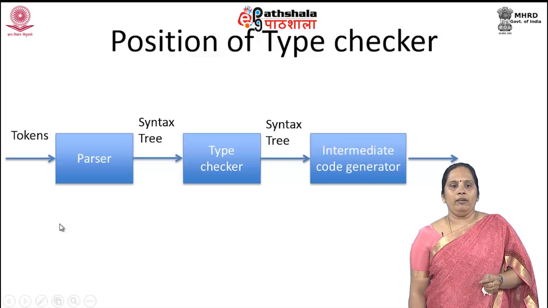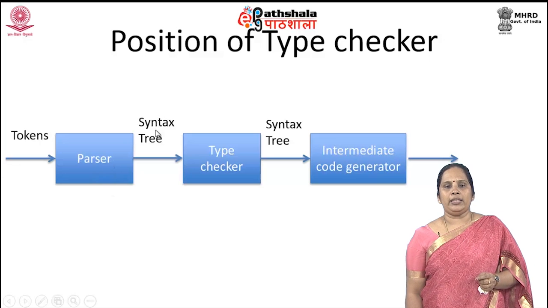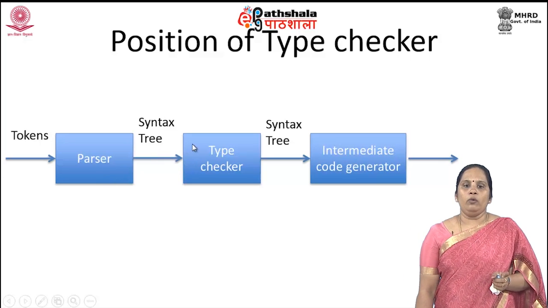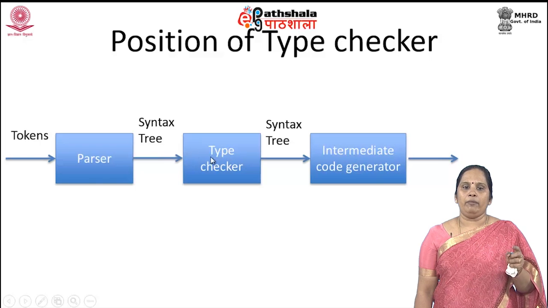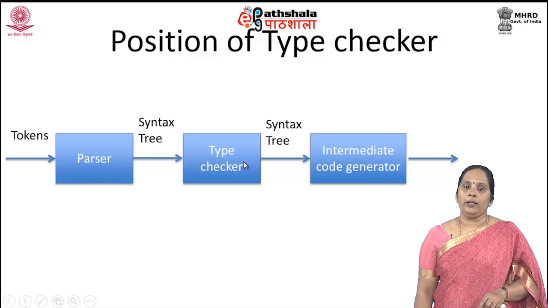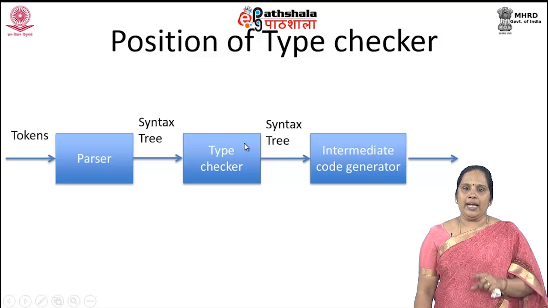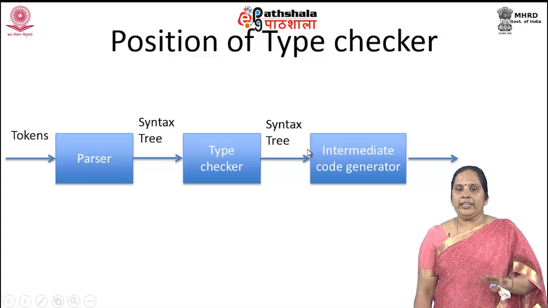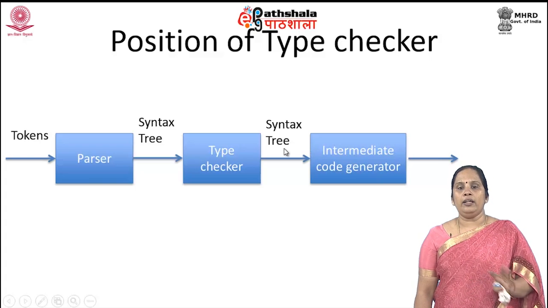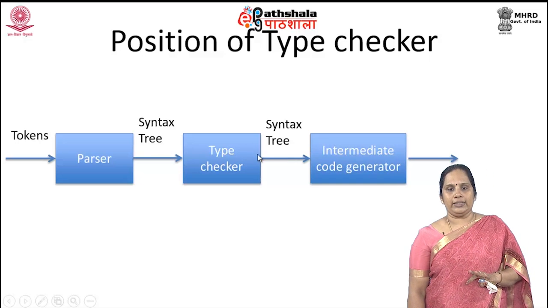We already have the parser, which is going to yield a syntax tree. That syntax tree will be fed as an input to the type checker. The type checker will verify whether the syntax tree is correct or incorrect for a particular input, and it is going to retain the syntax tree structure itself, which is given as the output. So the input is a syntax tree, and the output will also be a syntax tree.